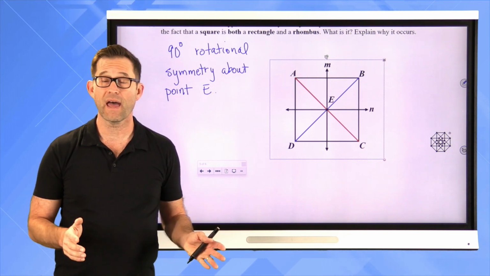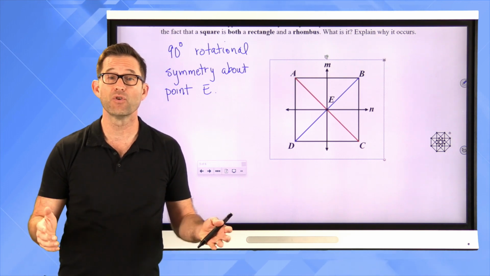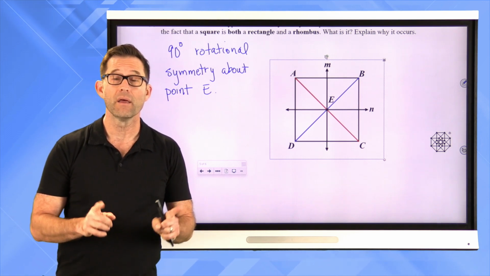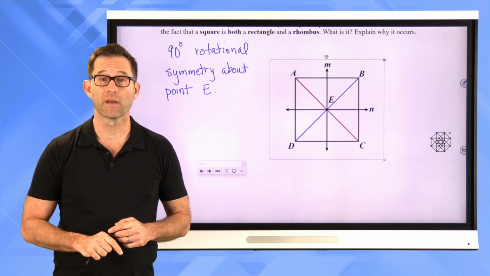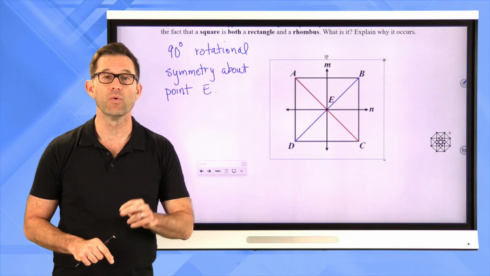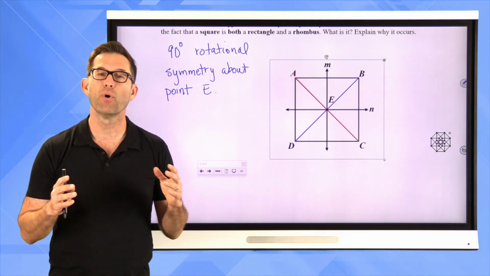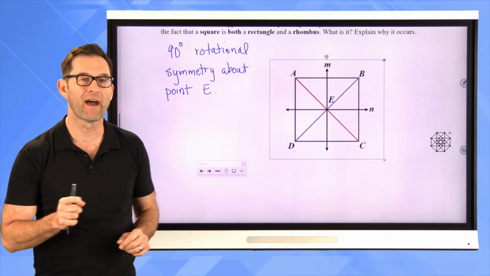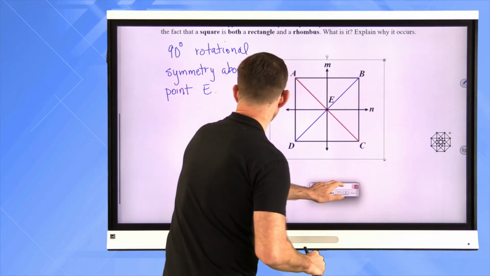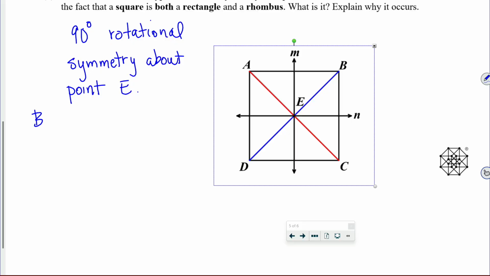Now, why does it have it, right? Well, it has it for two reasons. One, because the diagonals are perpendicular to each other, and two, because the diagonals are the same length, right? And both of those have to be true to get that 90 degrees rotational symmetry. This is because diagonals are perpendicular and the same length.